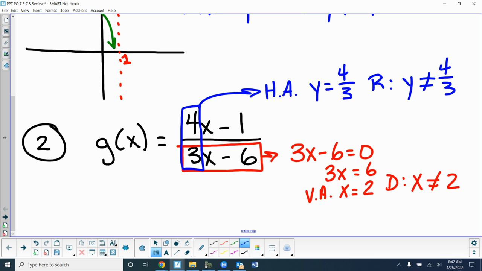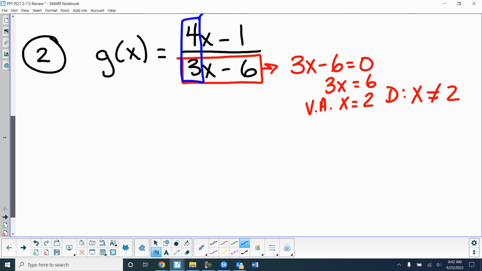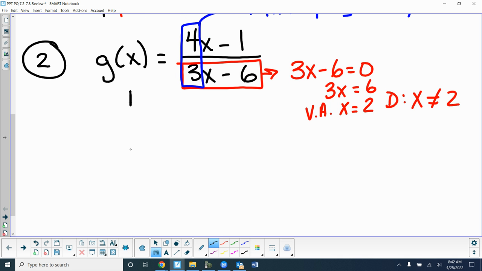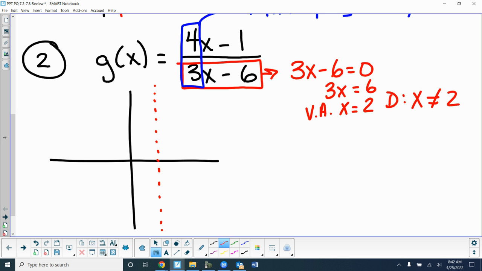Now, when we graph this, the vertical asymptote is at 2, right? About there, through the 2 on the x. And 4/3, if I had 1 here and 2 here, where's 4/3? 1 1/3, right? So a little bit over the 1.